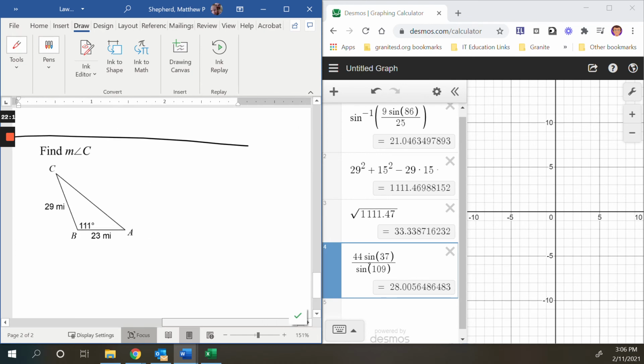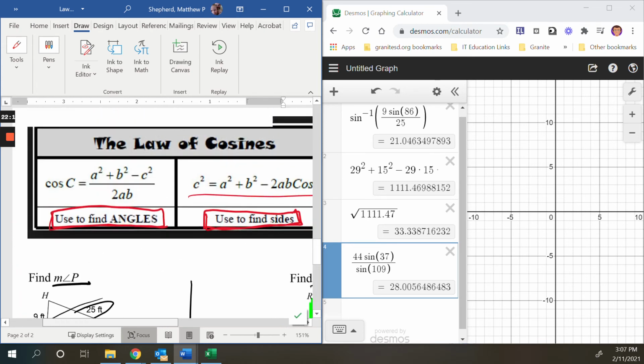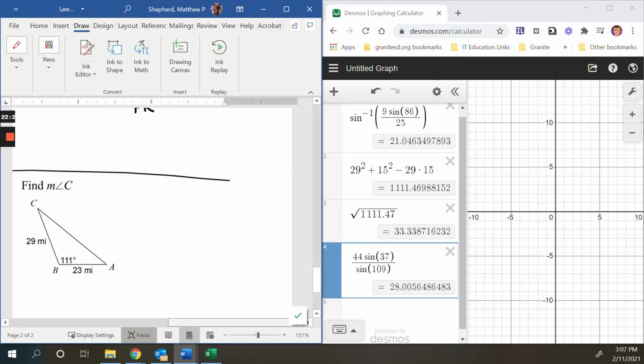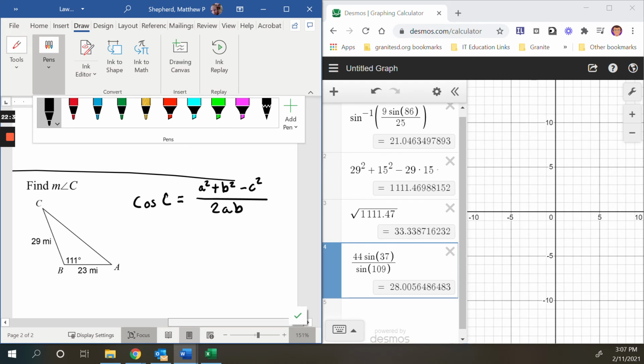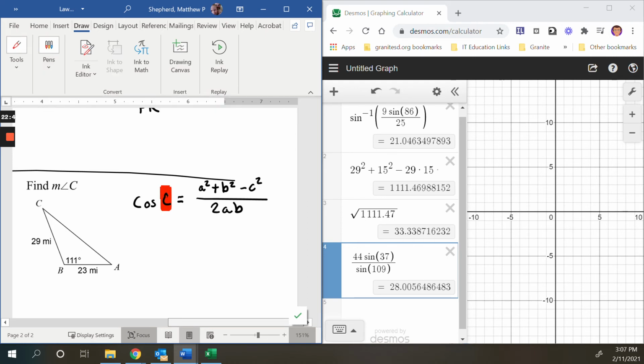All right, so one more look, sorry. Okay, cosine of C is equal to A squared plus B squared minus C squared all over 2AB. Now, our C is going to be the angle.